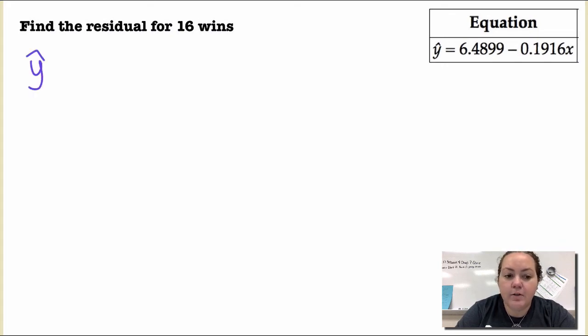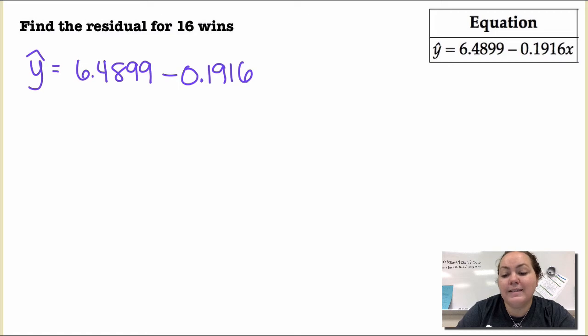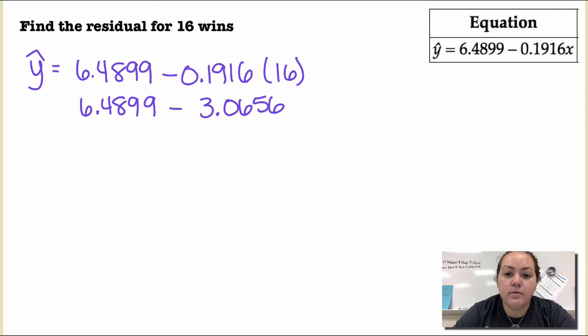All right, hopefully you did that. So y hat equals 6.4899 minus 0.1916x. For x, I'm plugging in 16. When I multiply 0.1916 times 16, I get 3.0656. Bring everything down, subtract, and I get 3.4243.